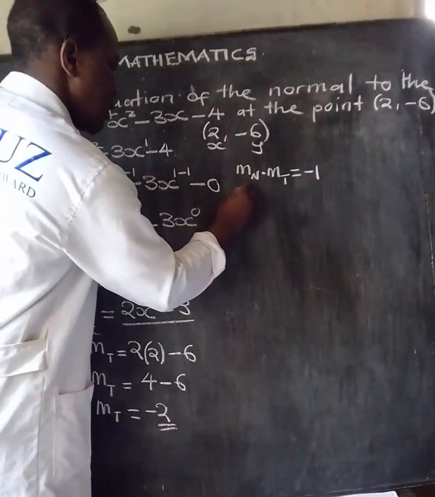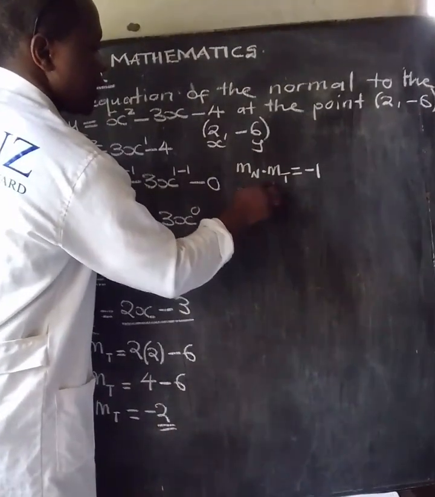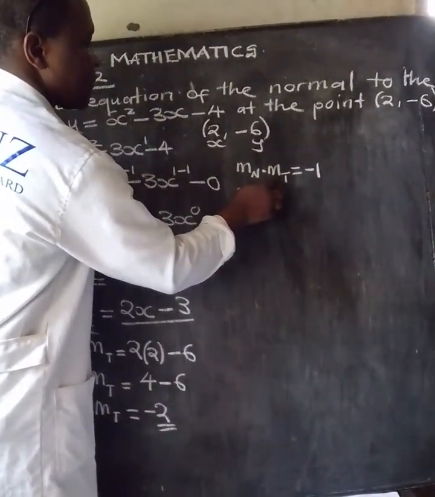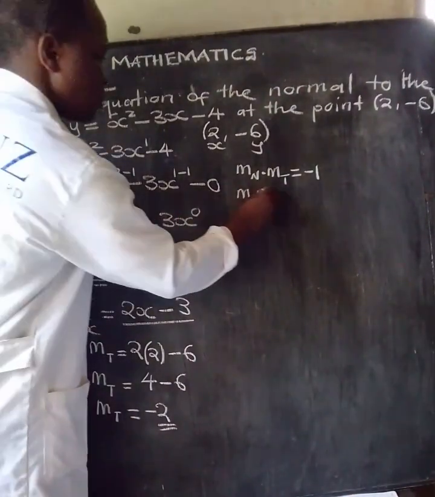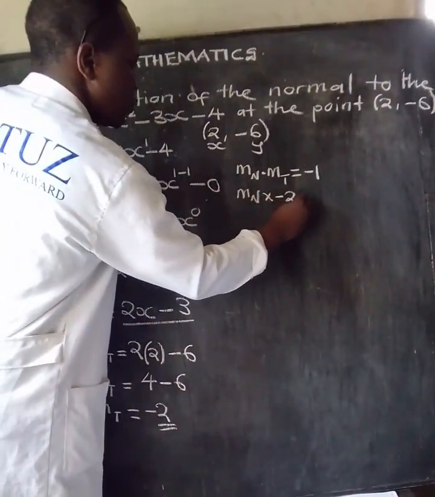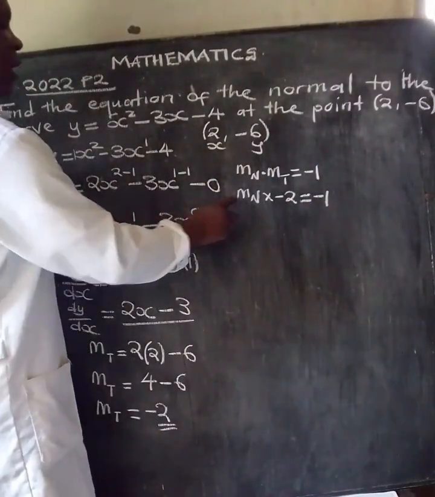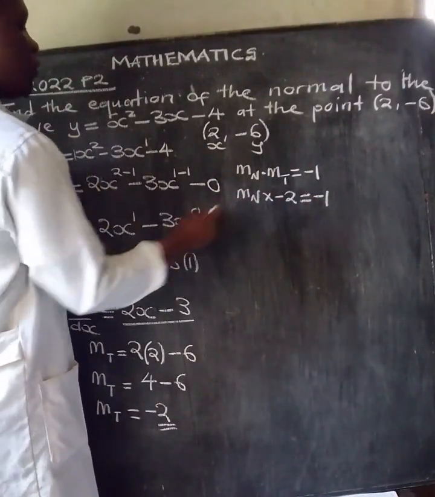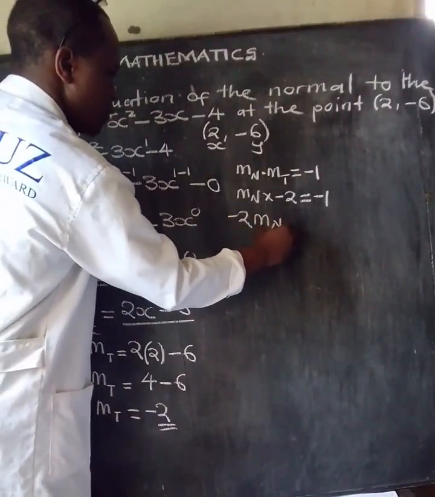Gradient of the normal, this is what we want. What is the gradient of the tangent? It's negative 2. So times negative 2, the answer is equal to negative 1.